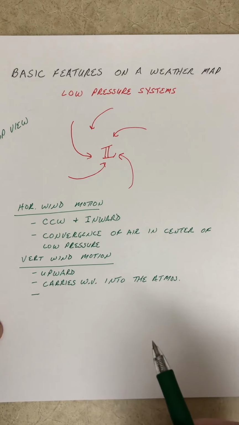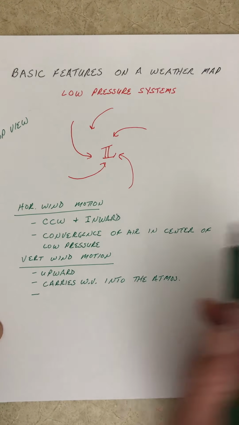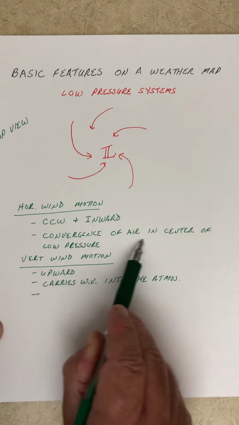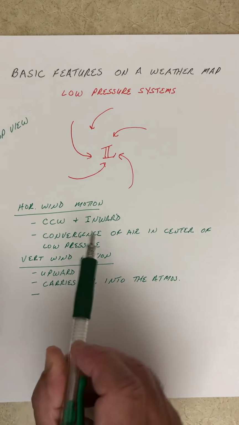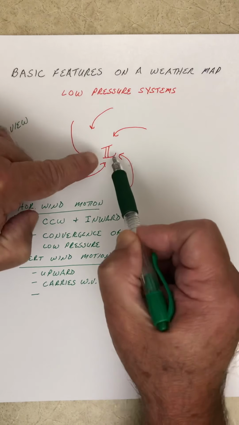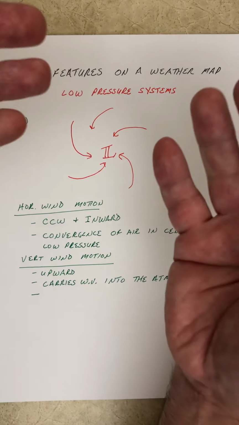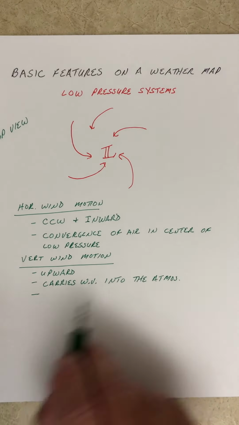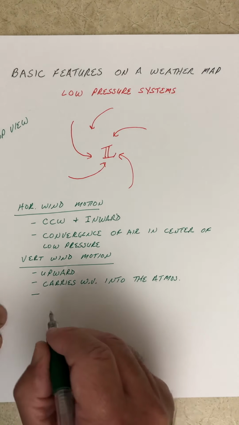One way in which we form clouds and precipitation is through the convergence of air in the center of low pressure. Air flowing counterclockwise inward towards the center meets there, has to rise, and when it rises, it carries water vapor into the atmosphere.